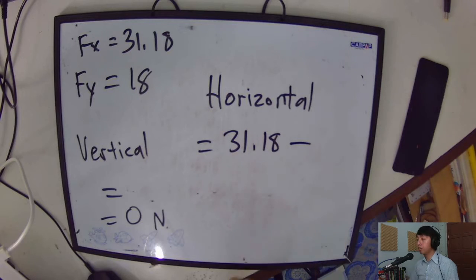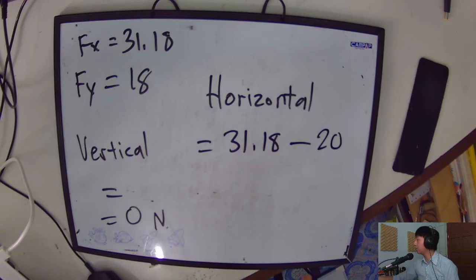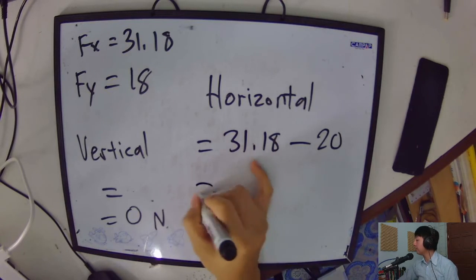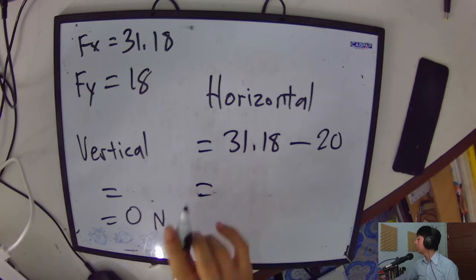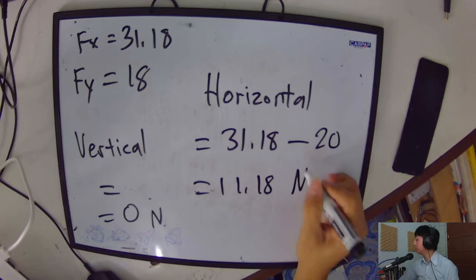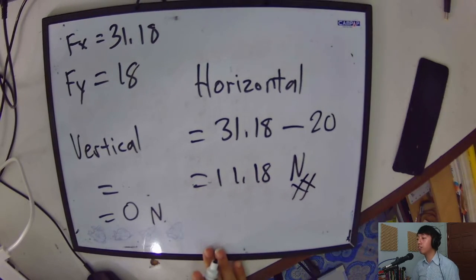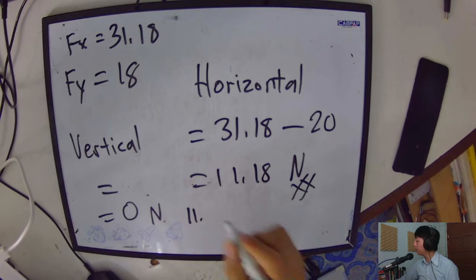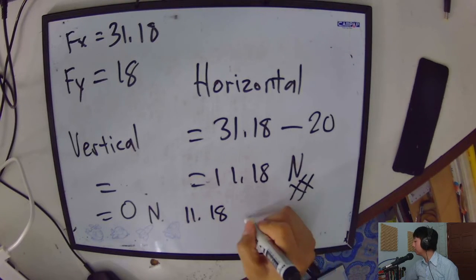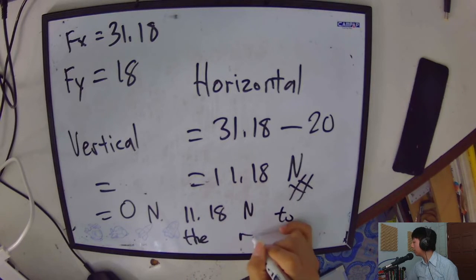And going to the left, we have 20 newtons, so minus. Right we take as positive, and left we take as negative. And so we end up with a total of 11.18 newtons. So your final resultant force is 11.18 newtons to the right.